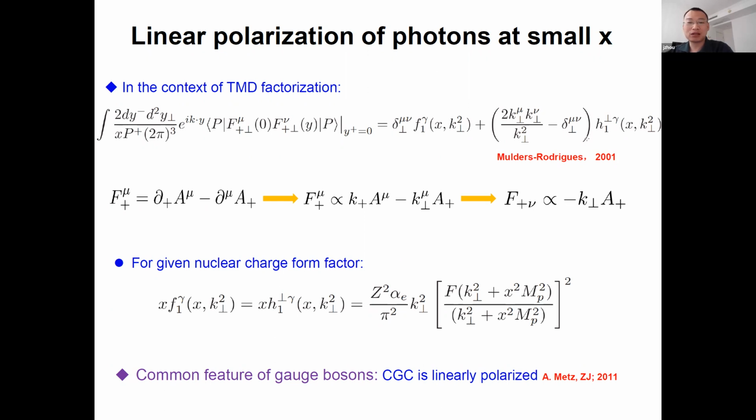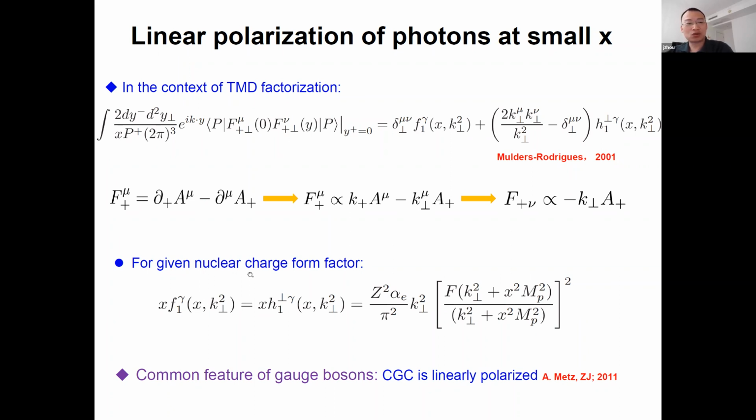This tensor structure must be proportional to k-perp mu and k-perp nu. This implies that the unpolarized and linearly polarized photon TMDs are identical at small x.